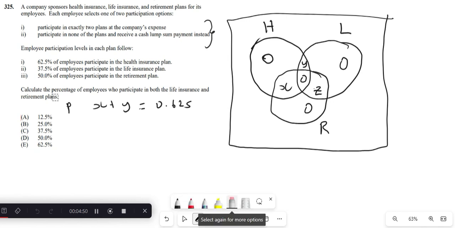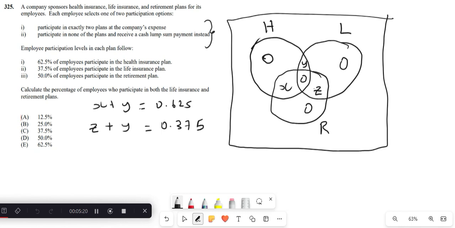Alright, I can get rid of this part. And for the life plan, what's that? So we have Y plus Z. What's the percentage of participation for the employees? For the life plan, they said 37.5% participate.